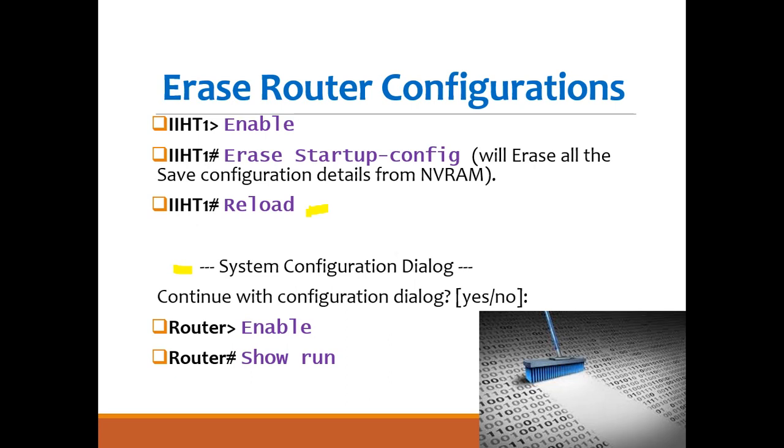So when you start it will come as a new router, in setup mode. Then you write no, come here, enable, then you start running configuration, putting password, changing the host name, configuring the interface.